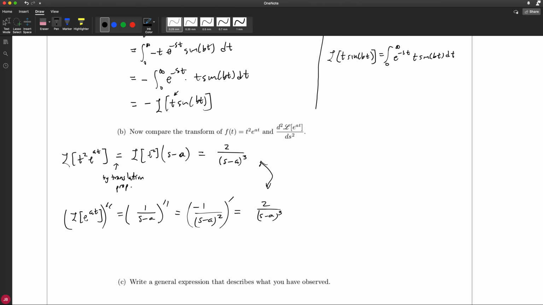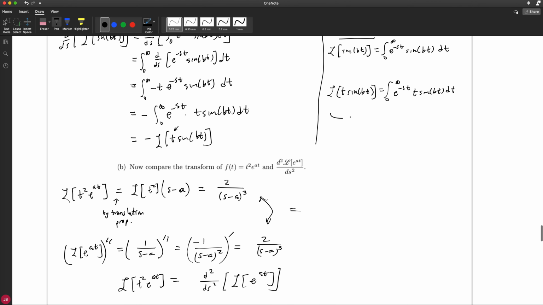They're dead on equal. So what we found is that the Laplace transform of t squared e to the at equals the second derivative of the Laplace transform of e to the at. Right? And now let's compare above. What did we find here?